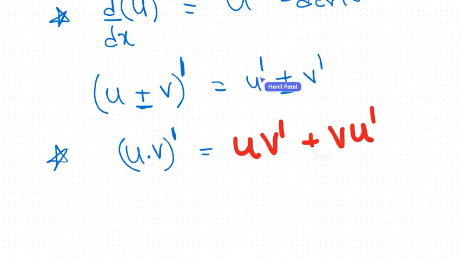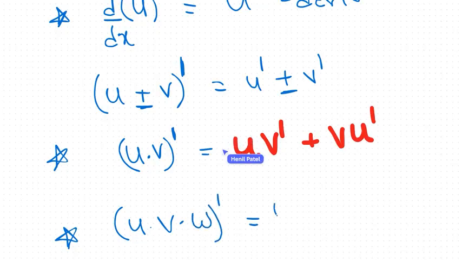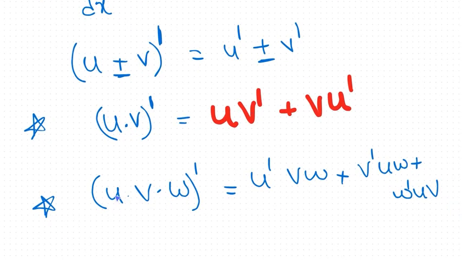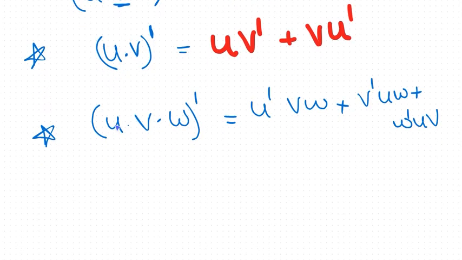And you pick the other function and take its derivative. Let's say u v w dash. It will be like u dash v w, v dash u w, and w dash u v. Like this. So this is called the product rule.